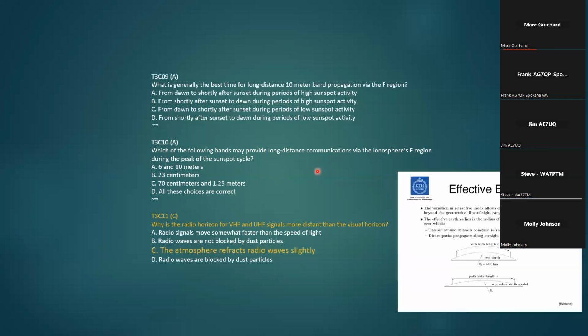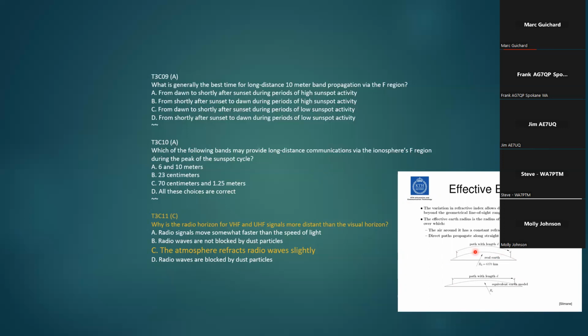That's because the atmosphere actually refracts radio waves slightly. In this example, you have the curve of the real Earth with a couple of antennas. And if you experiment, you can see the actual distance you can transmit is slightly more than the actual distance based on the height of the antennas.